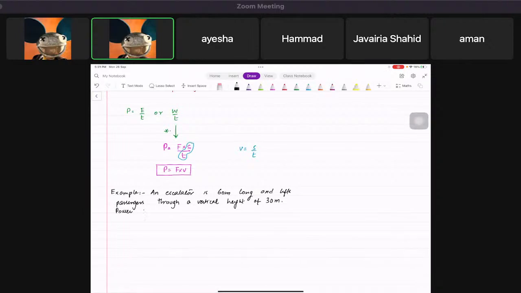Then it says the power needed to overcome friction is 2.0 kilowatt.